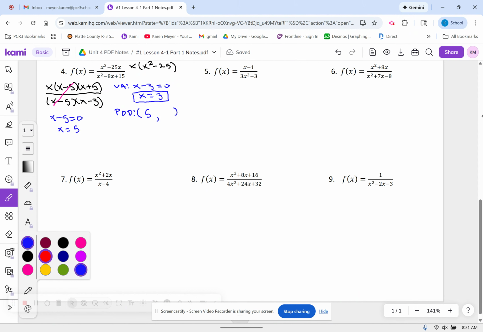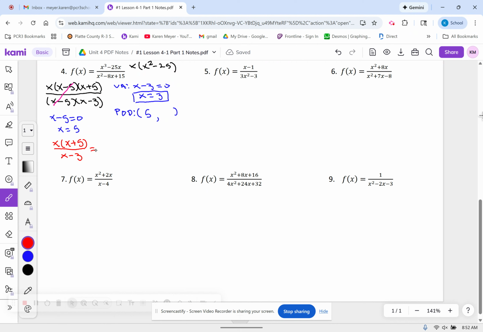To find the y value, I'm going to look at what I have left, and this is what I had left. I had x parentheses x plus 5 over x minus 3. And now, everywhere I see an x, I am going to plug in 5 because that was my x value of the POD.